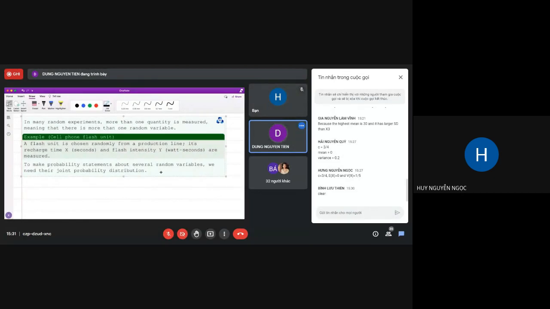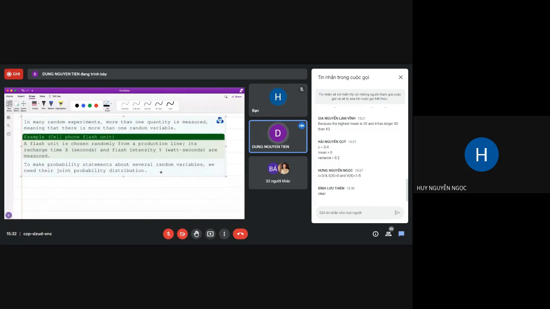In my class, for example, I need to have a look at the score of the midterm exam, of the final exam, of the quizzes, of the projects, to be able to investigate the performance of a student, right? So I need to consider all of them together at the same time. I cannot just have a look at the final exam separately, okay? So you need to consider a vector of many random variables, all right? And then you come up with a vector, you call that vector a random vector, all right?